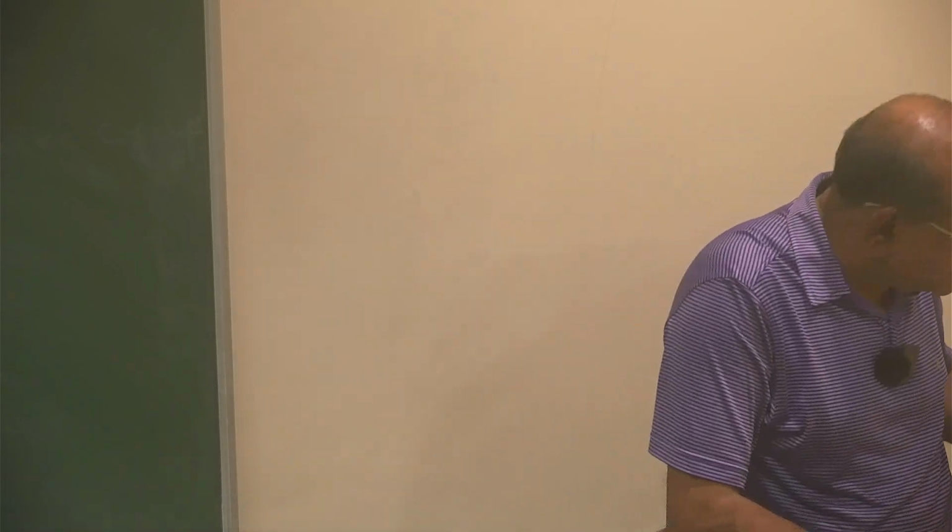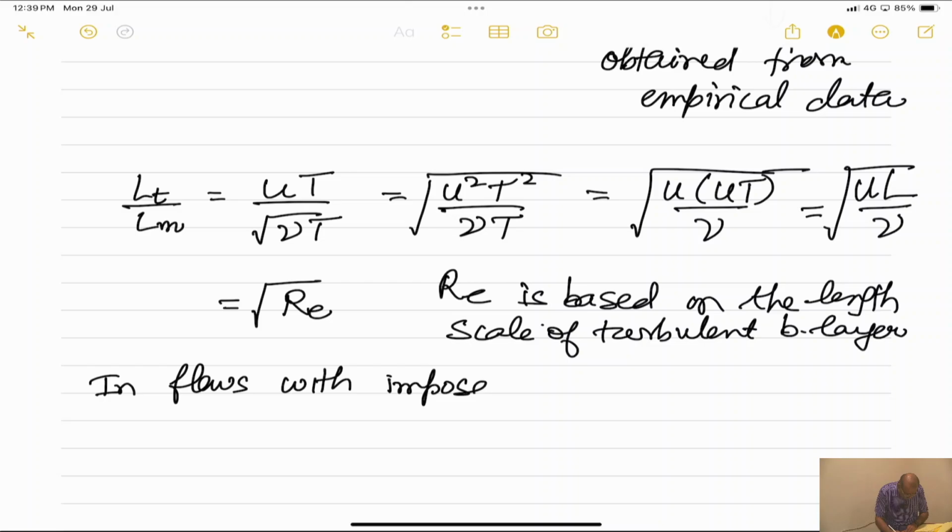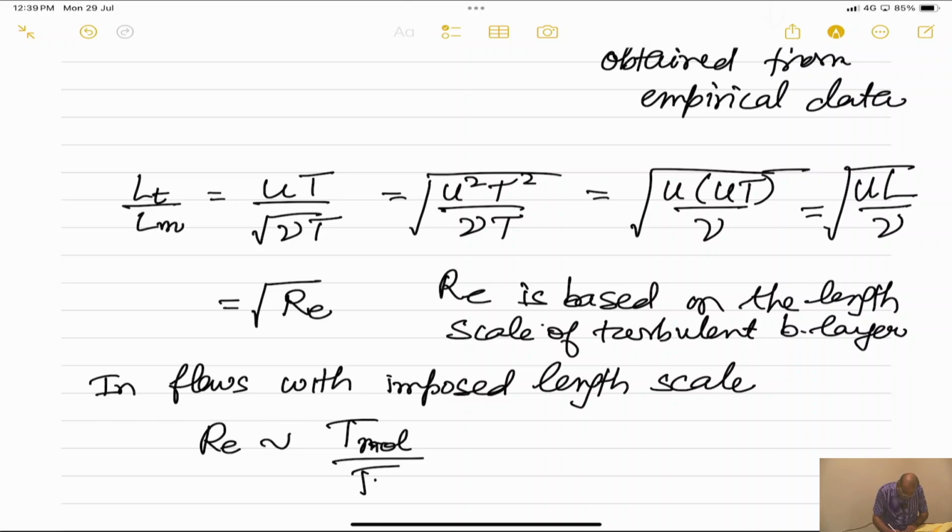Now in the time scale problem which we did in the last class, or in flows with imposed length scale, Reynolds number was of the order of the molecular time scale divided by the turbulent time scale.